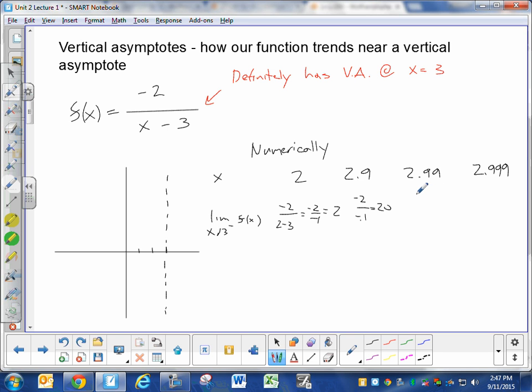If I plugged in 2.99, I'd get negative 2 over negative 0.01. I'd get 200. And if I plugged in 2.999, I would get negative 2 over negative 0.001, giving me 2,000. And numerically, I can see that as I get closer and closer to this vertical asymptote from the left side, my function is going to be increasing.